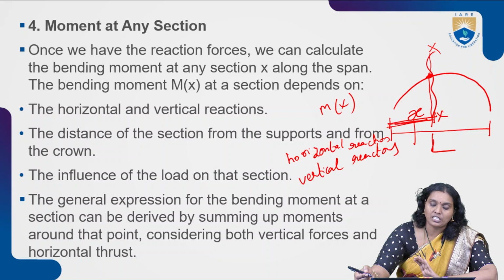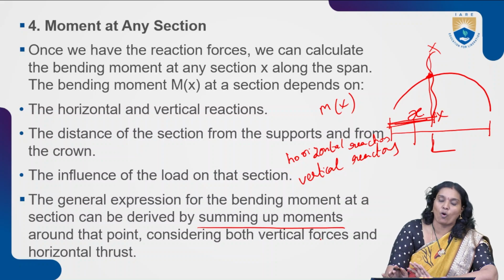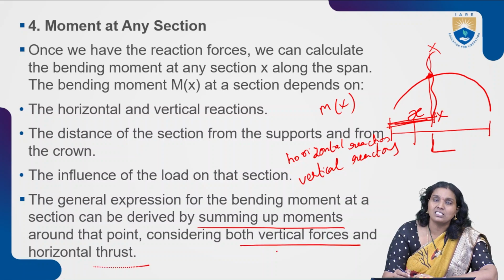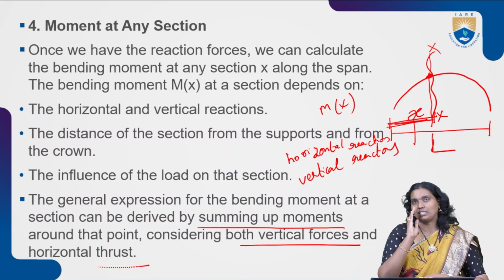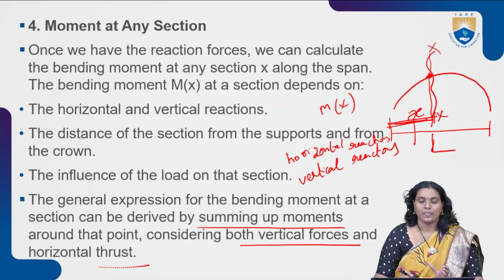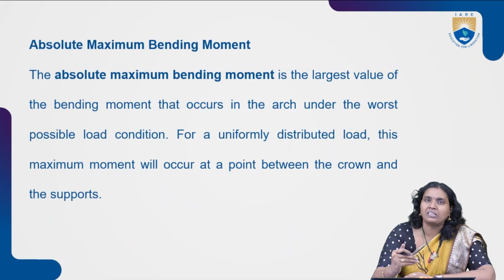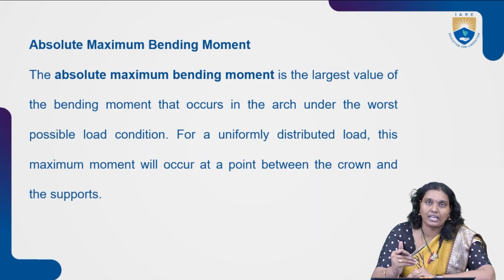The general expression for the bending moment at a section can be derived by summing up moments around a point. We consider both vertical and horizontal thrust for finding the moment at any section. Here the key term to understand is the absolute maximum bending moment.